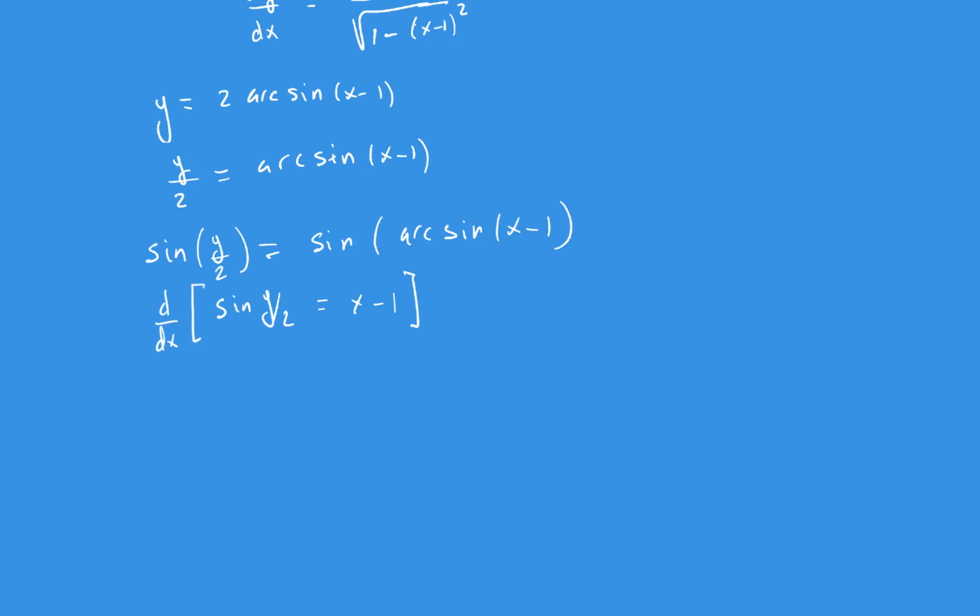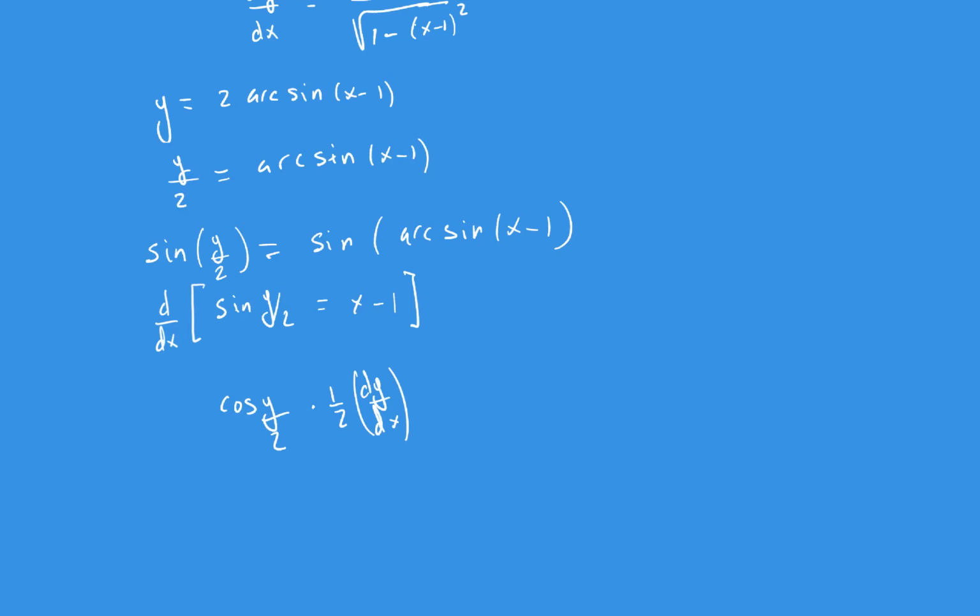What is the derivative of sine of y divided by 2? It is cosine of y divided by 2, perfect, multiplied by 1/2, multiplied by the derivative of y with respect to x. Here I have the derivative of y with respect to x.